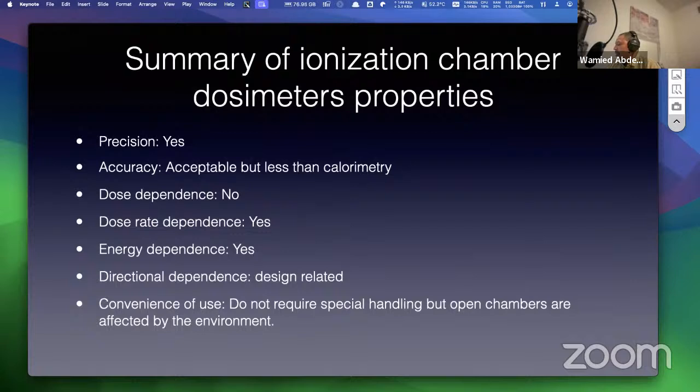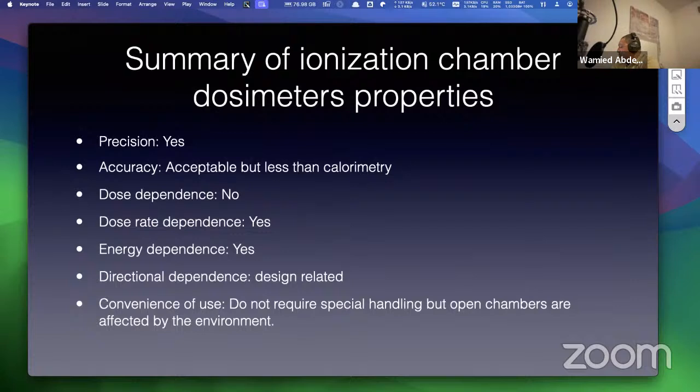That's why we have these correction factors, and these correction factors will depend on the energy. Directional dependence, this is design related. Although I think a cylindrical chamber might still exhibit a very small directional dependence, it might be negligible if you're measuring, let's say, a PDD, or something that's not related to the direction.